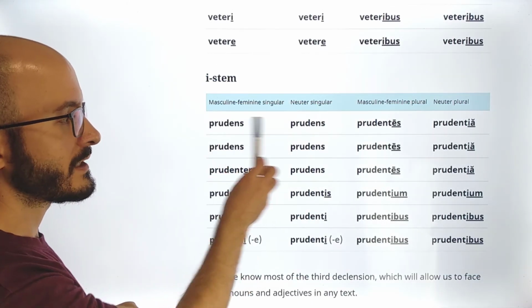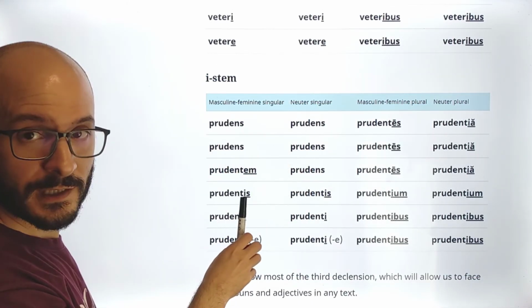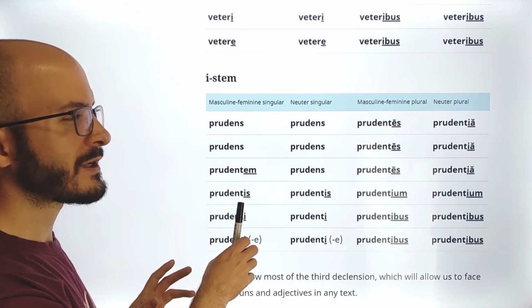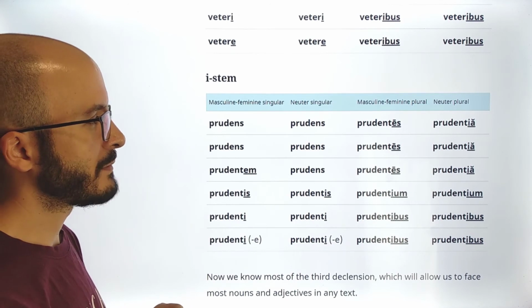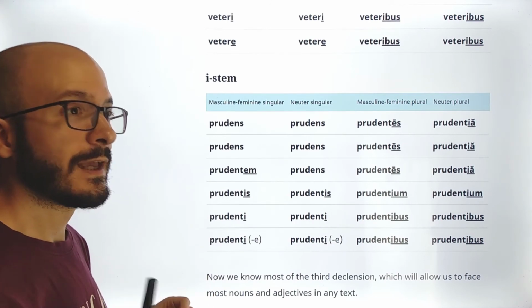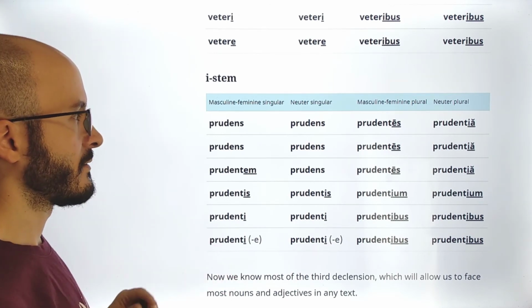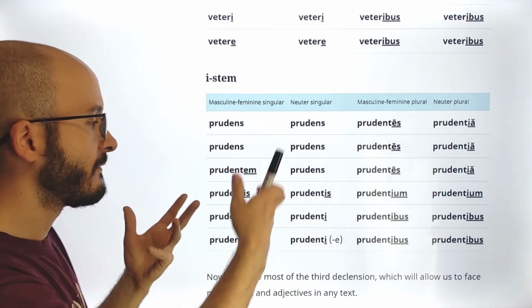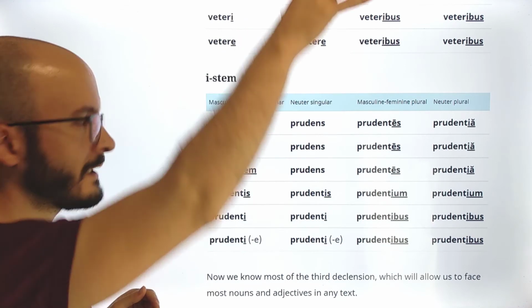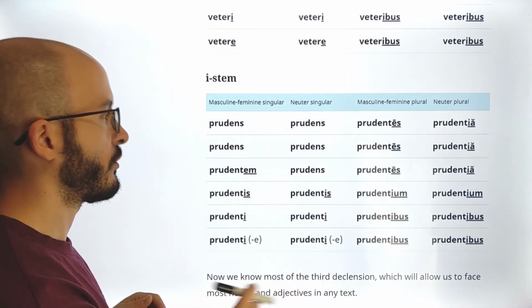And now i-stem. We have prudens, prudentis, which can be translated as many things depending on the context. So for example, it can be smart, intelligent, careful, totally depends on the context. But okay, the reasoning behind all of it is the same. That was the meaning. Now the reasoning of the morphology.